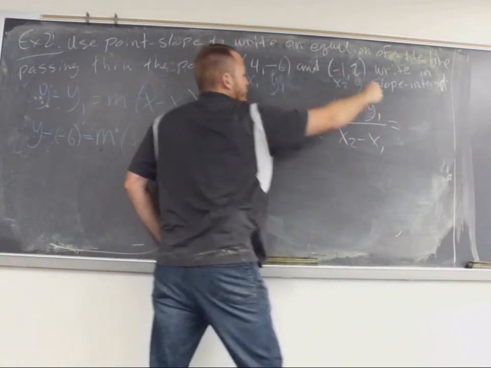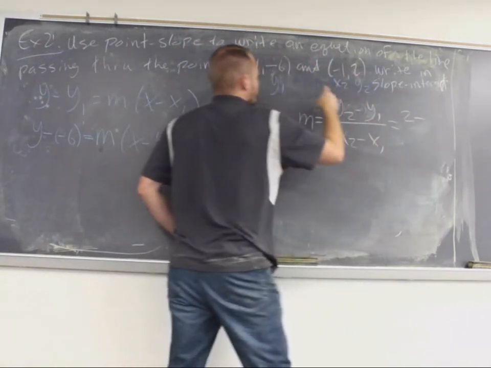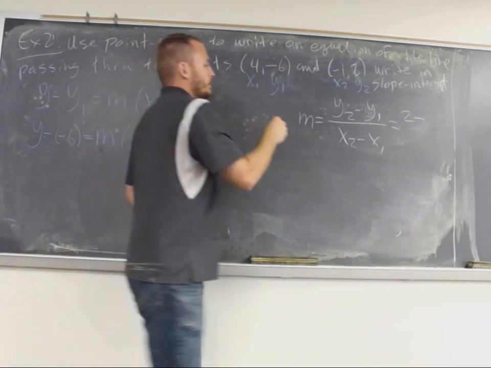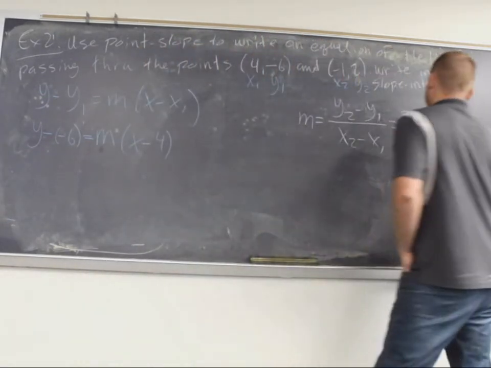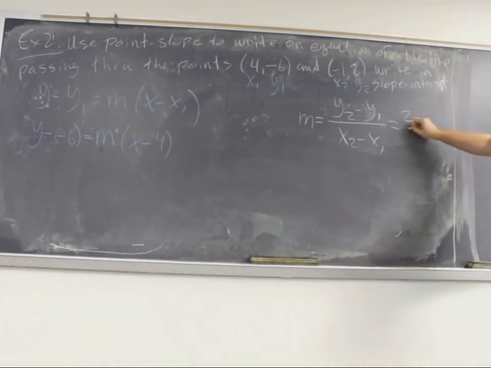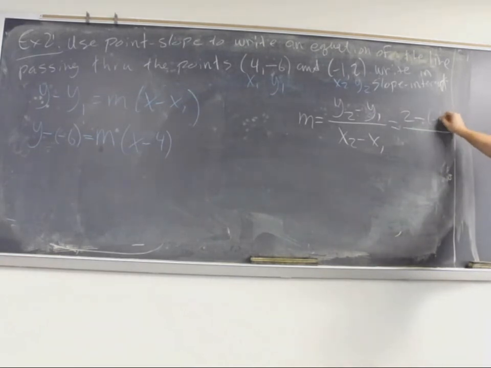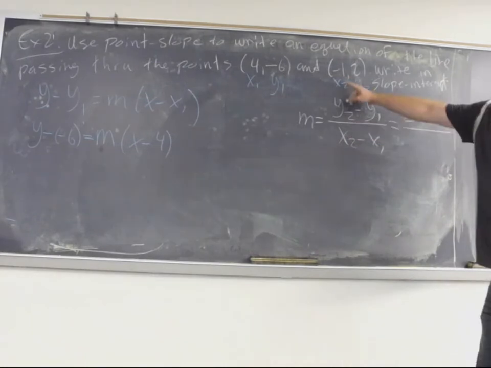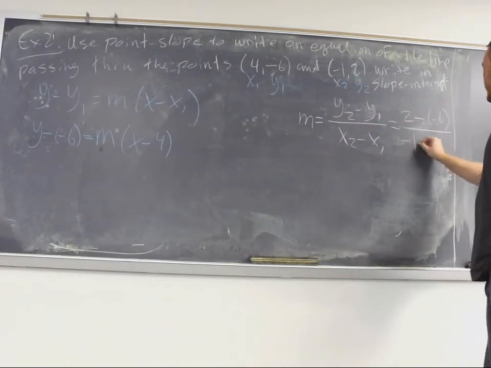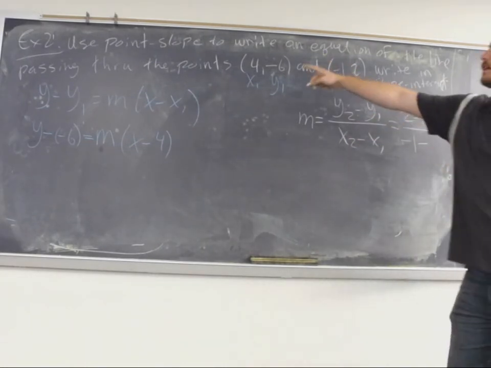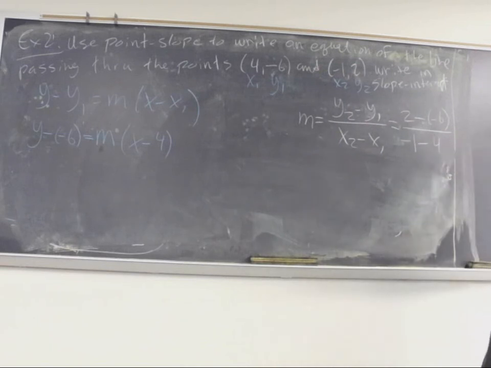y2 is 2 minus y1, which is -6. So be careful, 2 negatives again. This minus sign is part of the equation, and then I'm plugging in a -6 there. Then x2 is just -1. Minus is part of the equation, and then a 4, +4.